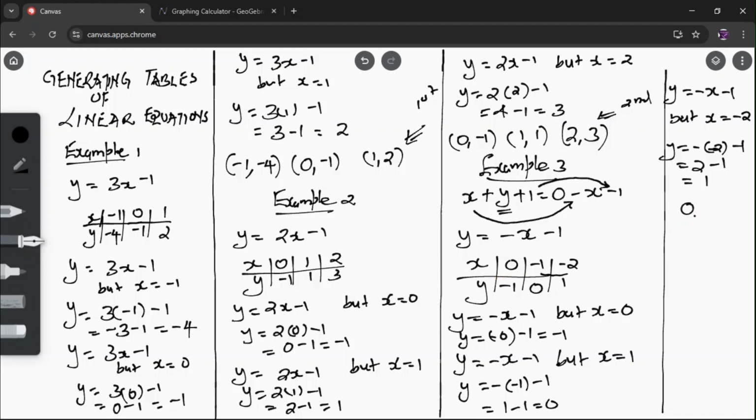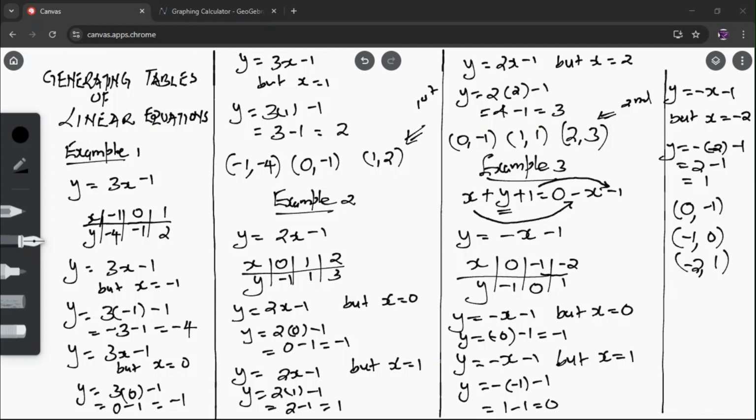The first one is 0, minus 1. The second one is minus 1, 0. And the third one is minus 2, 1. So these are the 3 points that I want us to have a look at and see how our graph is supposed to be formed, right?